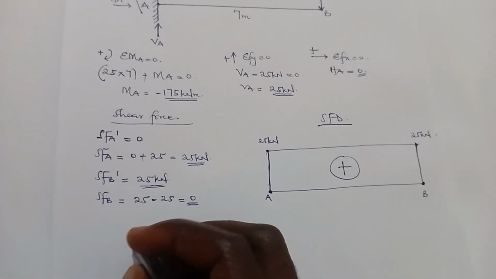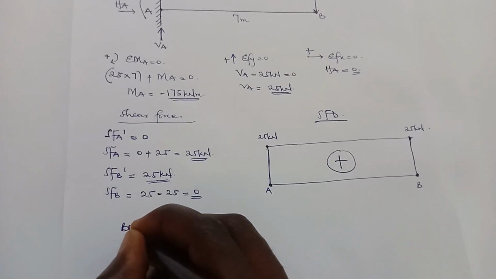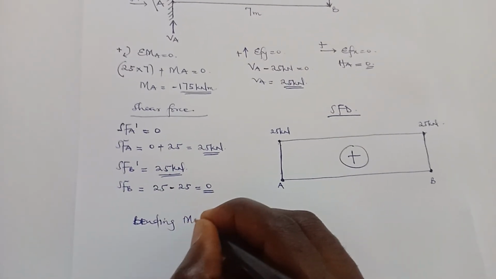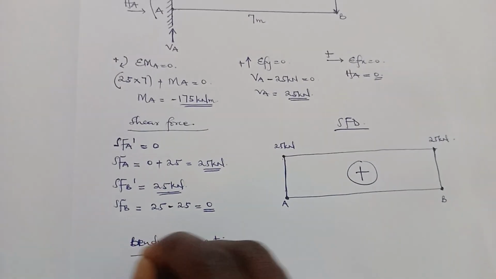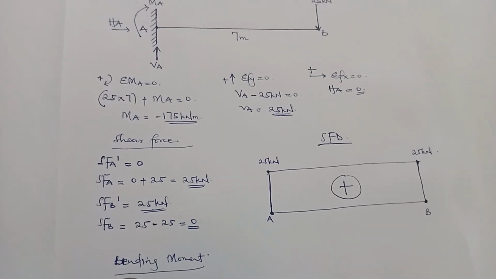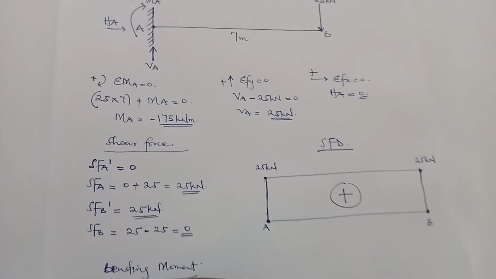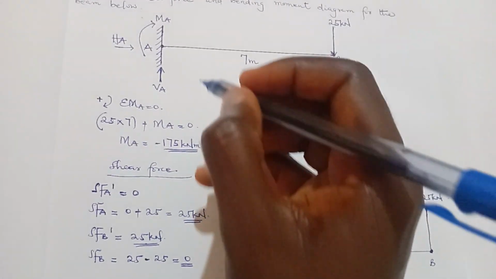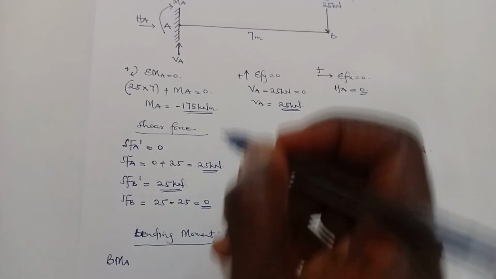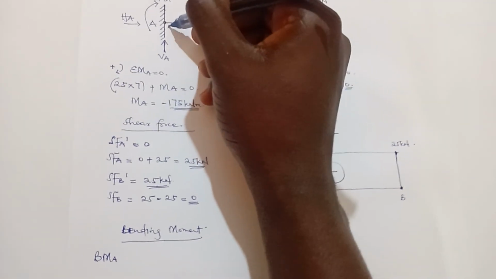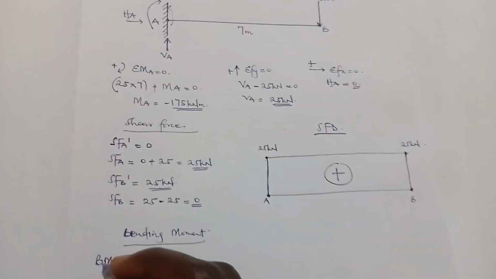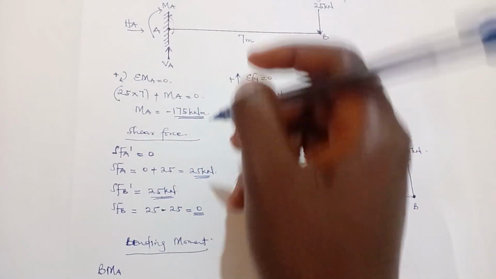Now let's do the calculations for the bending moments. Bending moment at A. Unlike the shear force, we'll calculate only one for the bending moment. So bending moment at A. So let's take the bending moment to our left. So it will be negative because it's moving in the anti-clockwise direction.